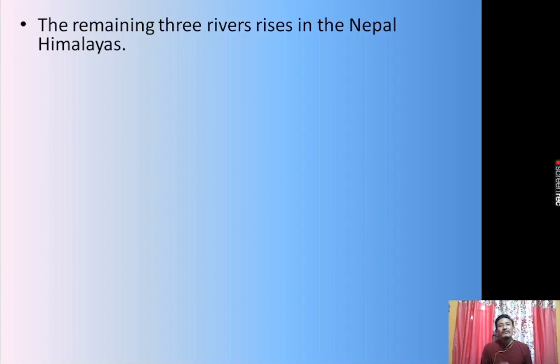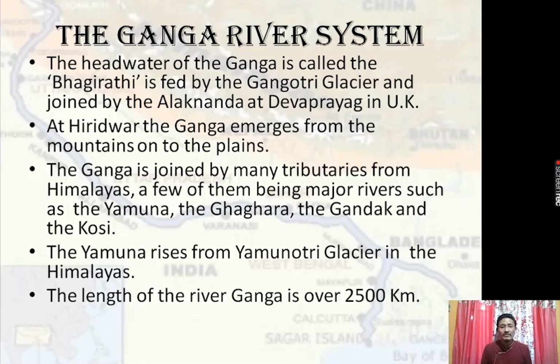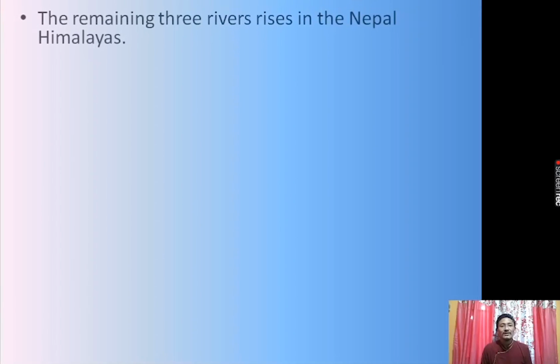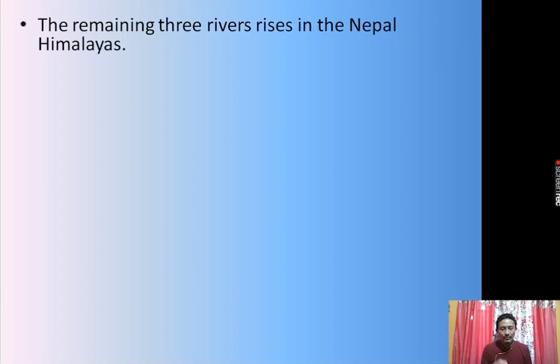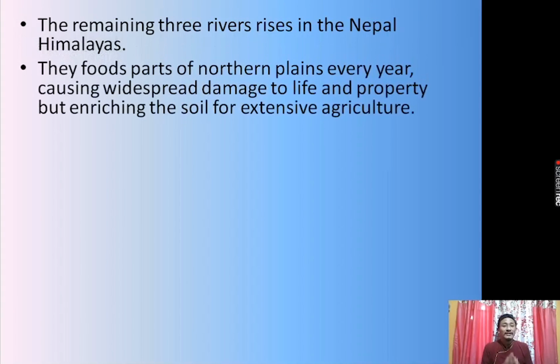After this, the remaining 3 rivers are like this one, Kosi, right, Gandak, and Ghagra. Alright, so these main rivers, as I have already mentioned, originate from the Nepal Himalayas, and they bring floods to parts of the northern plains every year, right? And we can view the flooding of these rivers from two perspectives, right?